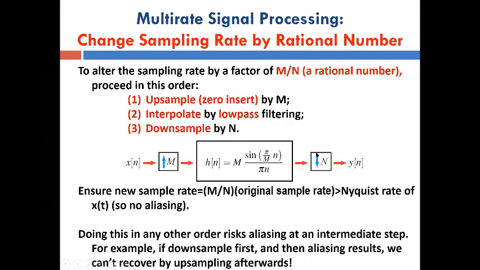But you have to do it in this order. If you try to do it in the opposite order, downsampling first, then filtering, then upsampling, it turns out it's pretty hard to prevent aliasing in that case. But if you do it this way, the upsampling first, low-pass filtering appropriately, and then downsampling, we can get these fractional changes in sampling rate.